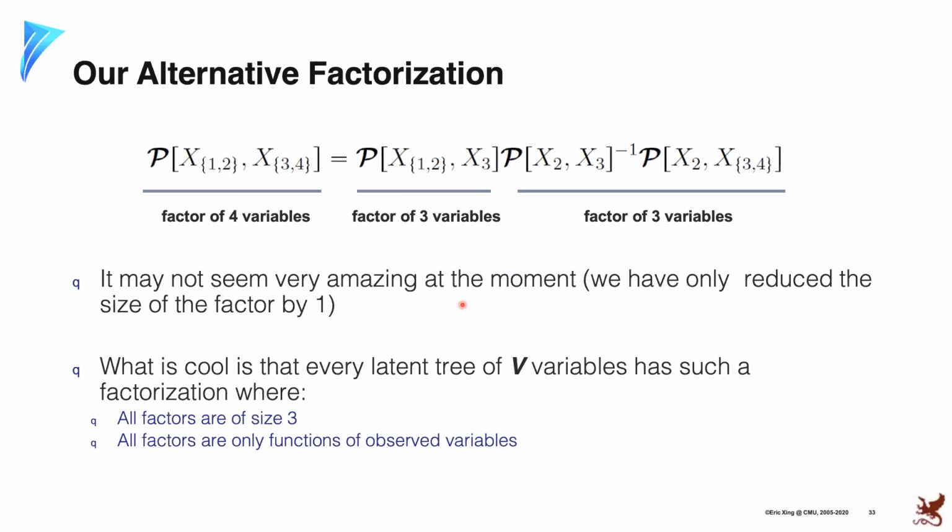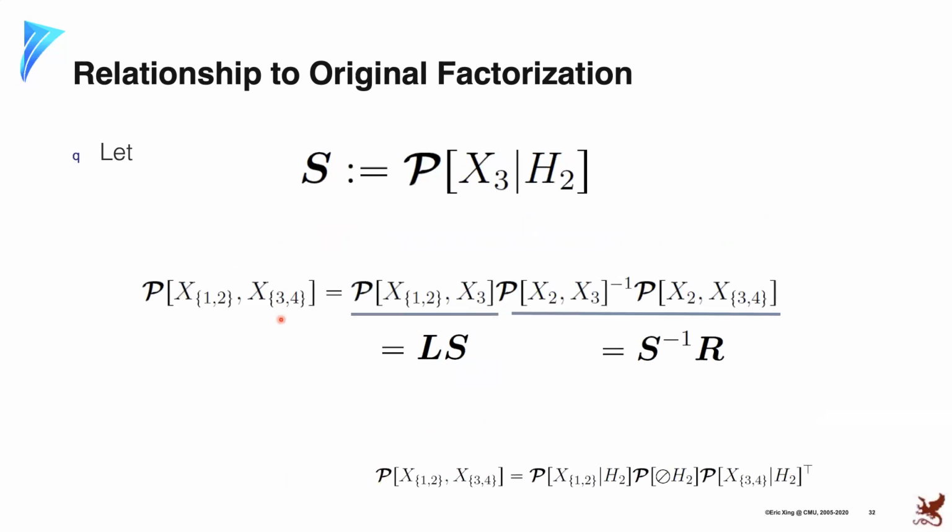For now, you may not find that it is very powerful, because we only get rid of this edge, but on the left hand and right hand side, the matrix size is still of 3 variables. The original one is 4 variables. It's still statistically inefficient, right?